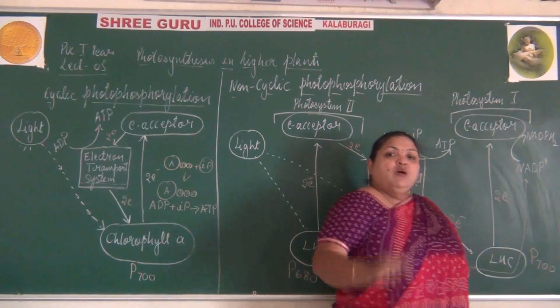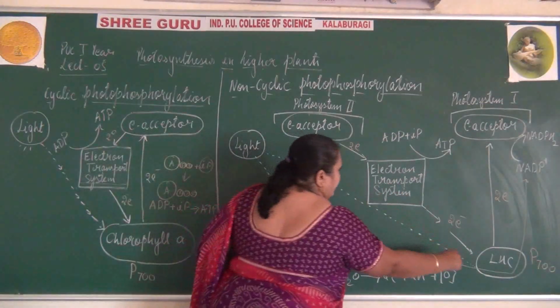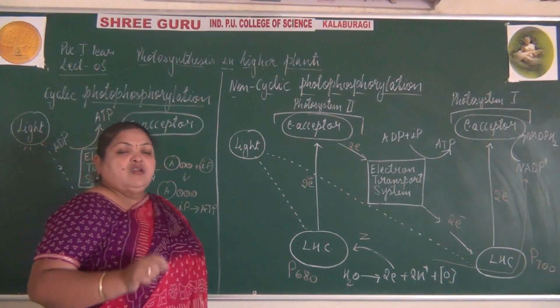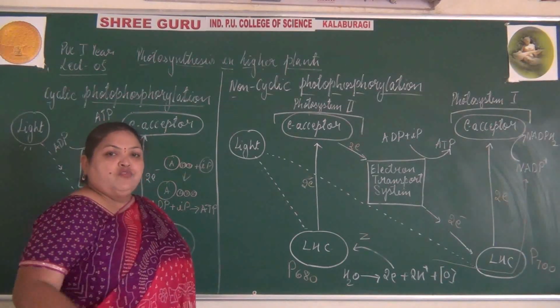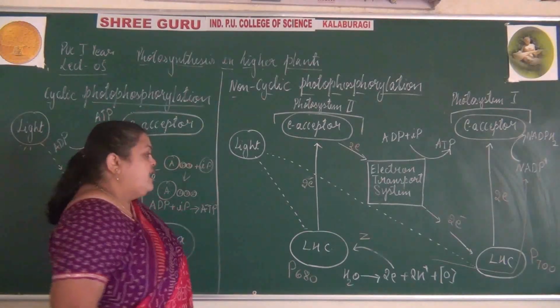NADPH2. So in this process, there is movement of electrons, and they do not return back to the photosystems. It is called non-cyclic.